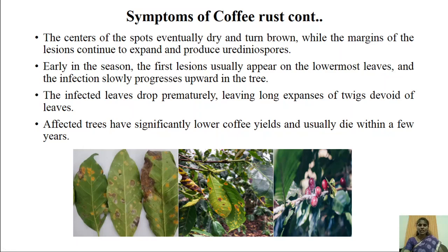The affected trees have significantly lower coffee yield, because the leaves are the photosynthetic area; if the leaves fall off very early, the photosynthesizing capacity of the plant decreases. As a result, the yield of the coffee plant is decreased. Within a few years, the whole plant is going to die.